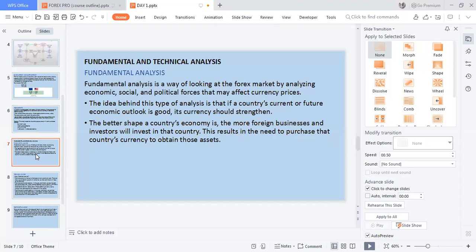That alone is an economic situation which is already affecting the currency pairs of that country. The political forces we experienced was when the election took place in the US, Joe Biden and Trump. That also affected the market. That's political forces.